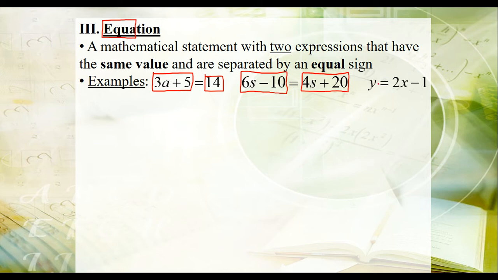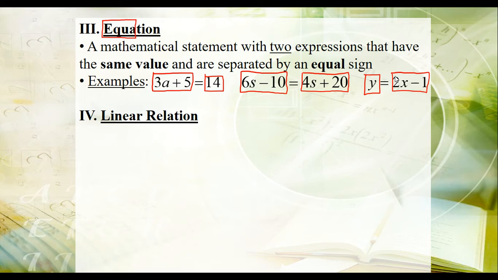Or, and this is the equation we're going to look at more in this lesson, we can actually have two variables in an equation compared to just one variable. So this equation only had the variable a, this one only had the variable s, and this one actually has two variables. Your one expression on this side would be y, and your expression on this side would be 2x minus 1. Okay, and we're going to focus specifically on that kind of equation.